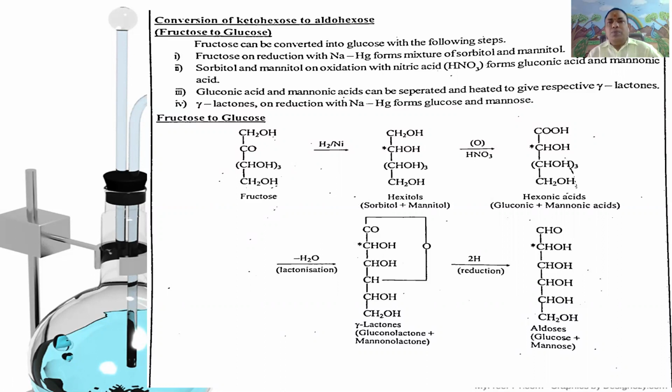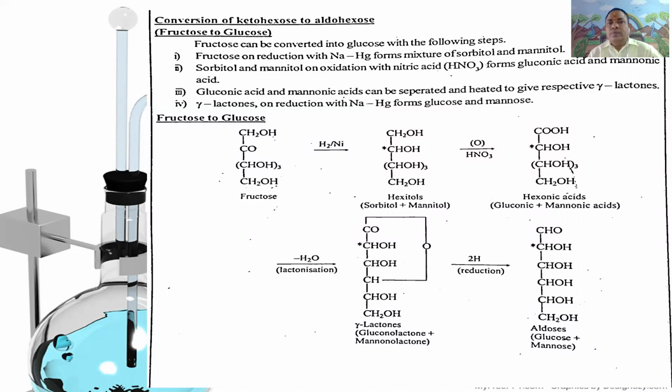In the third step, this gluconic acid or mannoic acid upon heating loses a water molecule to form their corresponding gamma lactones. In the fourth step, this gamma lactone undergoes reduction with zinc and acetic acid. It gives glucose.